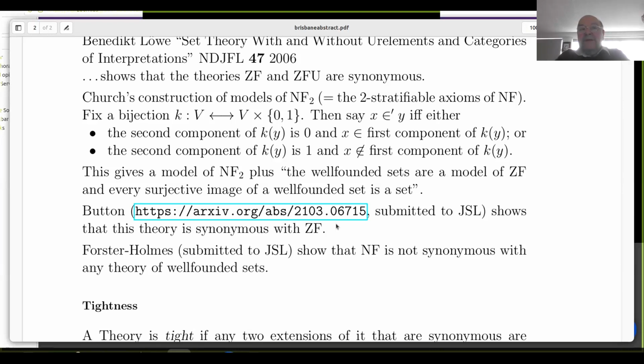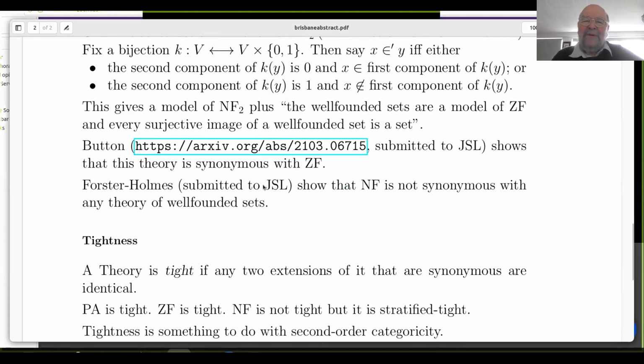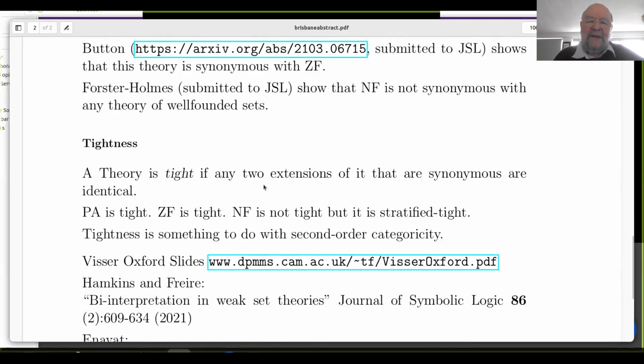If you're an NFist like me, you would say, well, NF, of course, is reporting on more, because in NF, you can discuss the theory of well-founded sets, and that, of course, is going to give you ZF. So NF is, in some sense, richer. I don't think that reflection would be well received by the ZFists, but I don't see why it shouldn't be. I think it's a point worth making, and certainly a point worth discussing.